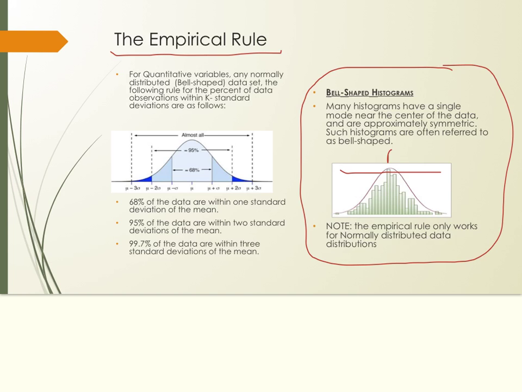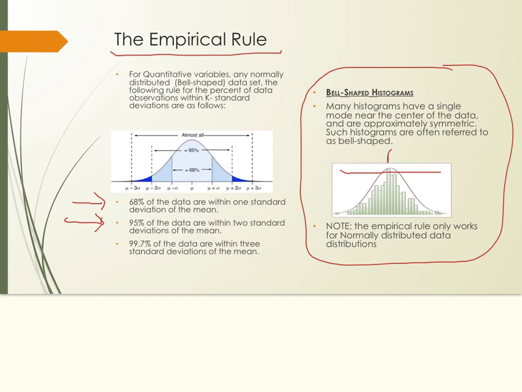So the empirical rule says basically the following. Given a bell-shaped curve, 68% of the data are within one standard deviation of the mean. So that means that 68% of the data, that's not a percentile, which we're going to talk about later. It is the percentage of data within one standard deviation of the mean. For two standard deviations of the mean, 95% of the data is within those two standard deviations.